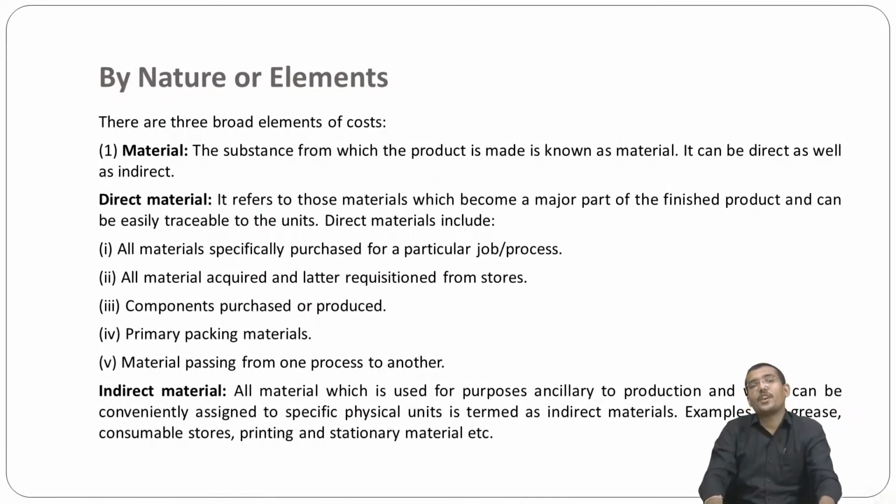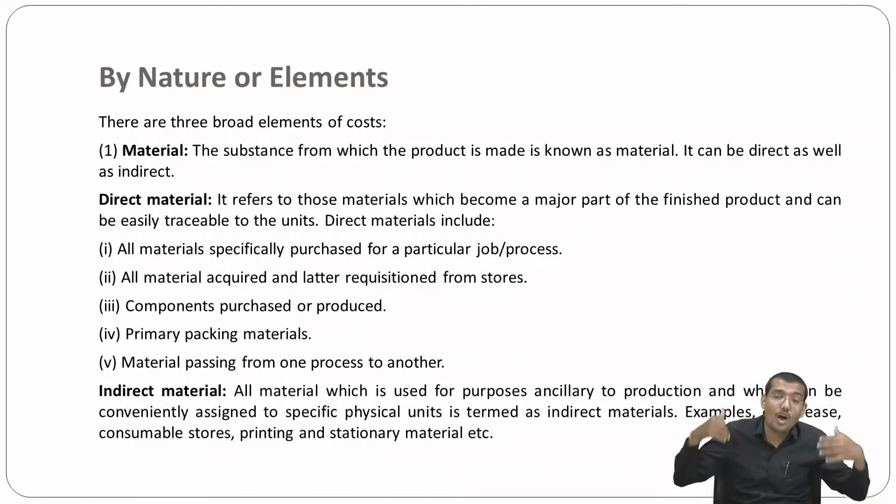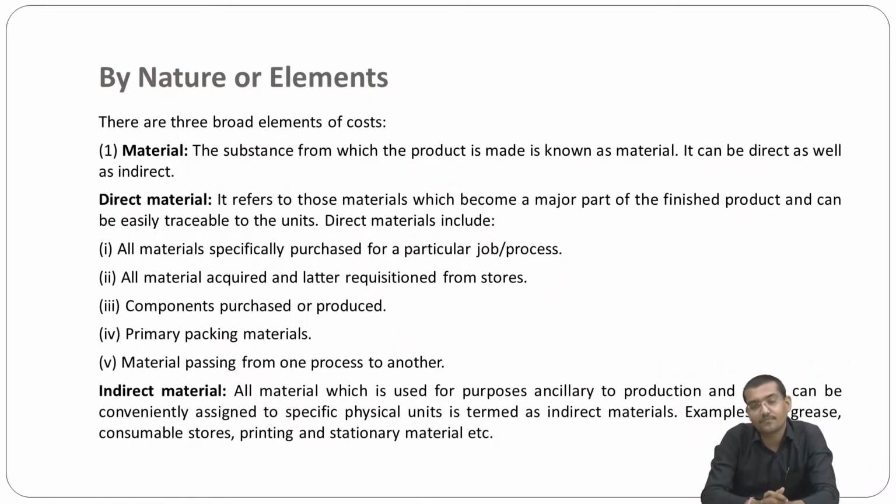Now, classification by nature or elements. In that, there are mainly three broad elements of cost. First is material. The material is the substance from which the product is made, known as material.